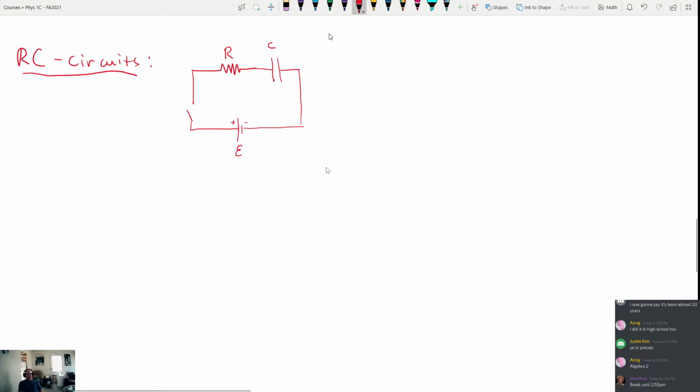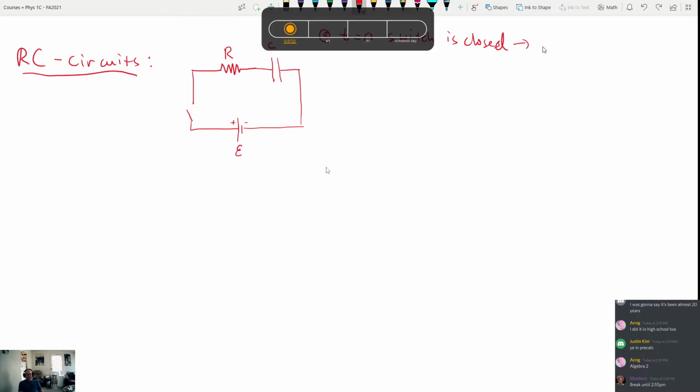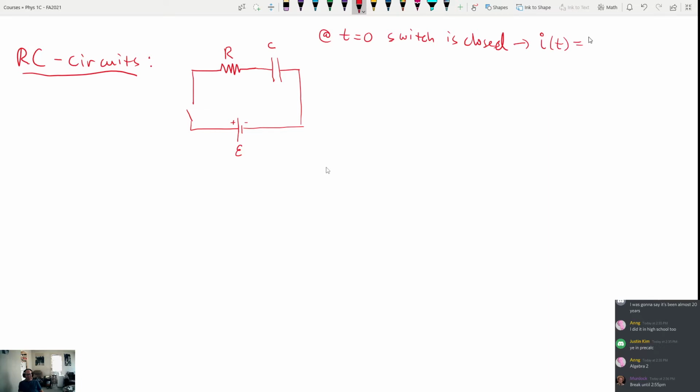So the question is going to be, at t equal to 0, the switch is closed, completing the circuit. And our question is, can we find the current flowing through the circuit as a function of time? I'm going to label that as little tiny i of t. And can we also find the charge on the capacitor plate as a function of time? Those are the two things that we're going to want to figure out here.